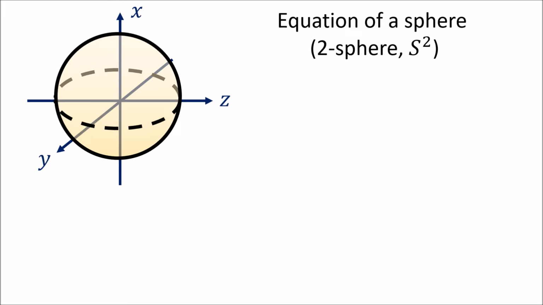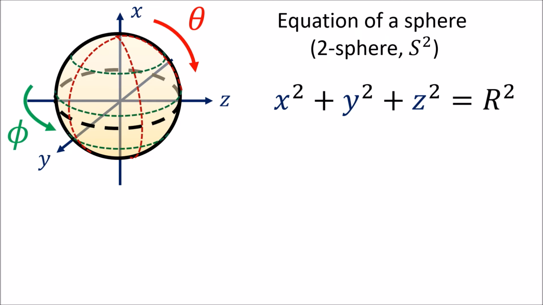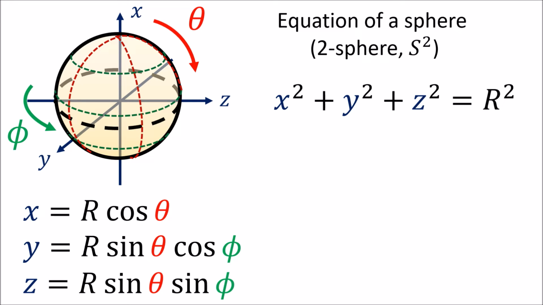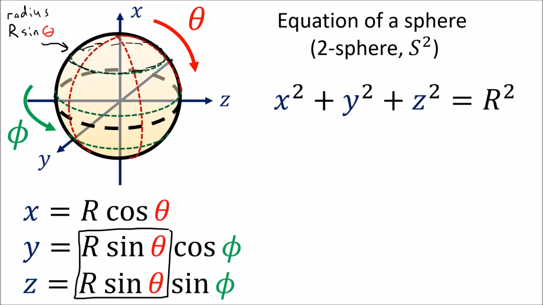The equation of the two-sphere in 3D space is x squared plus y squared plus z squared equals the radius squared. We can parameterize the sphere in terms of theta and phi. We can think of theta as selecting an x-coordinate on the sphere, and we can think of phi as tracing out a circle of radius R sine theta at that specific x-coordinate.